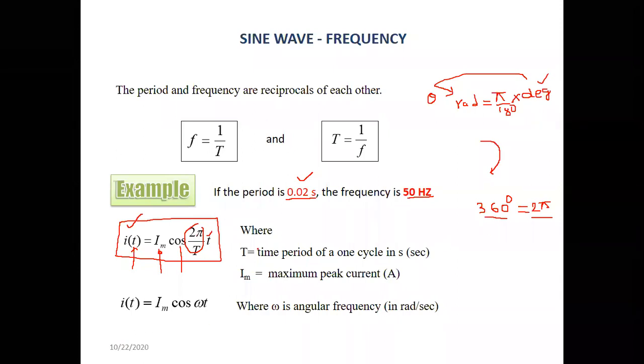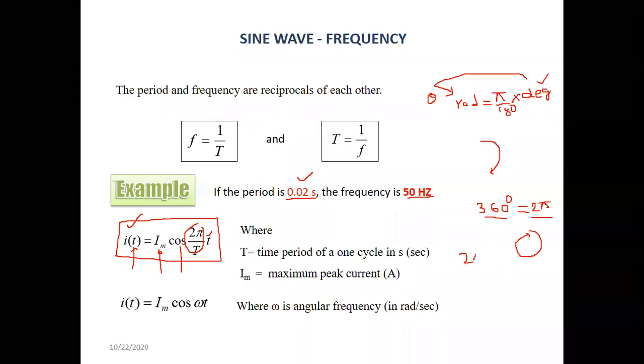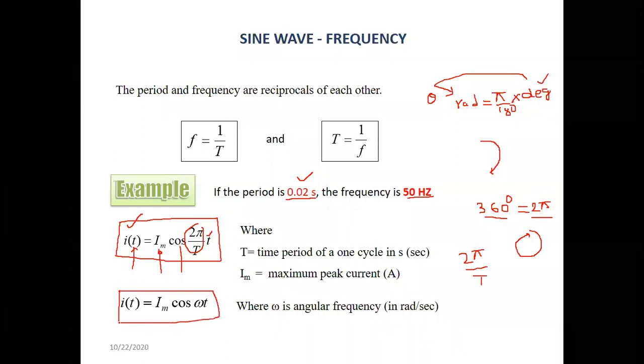To complete one cycle means to complete 360 degrees, that is 2 pi radians, divided by the time taken to complete one cycle, T. So generally a sinusoidal waveform is represented by i(t) equal to Im cos omega t or Im sin omega t, where omega is the angular frequency given in radians per second.